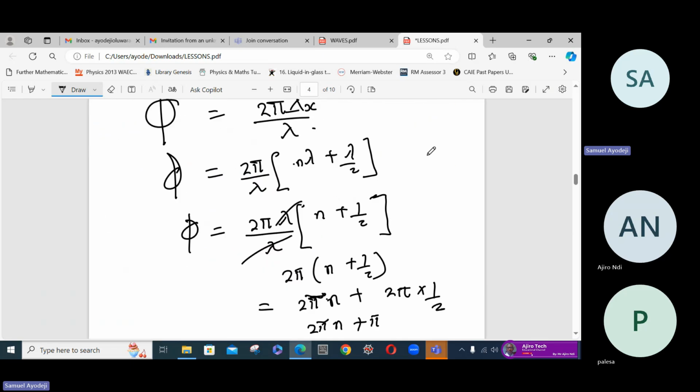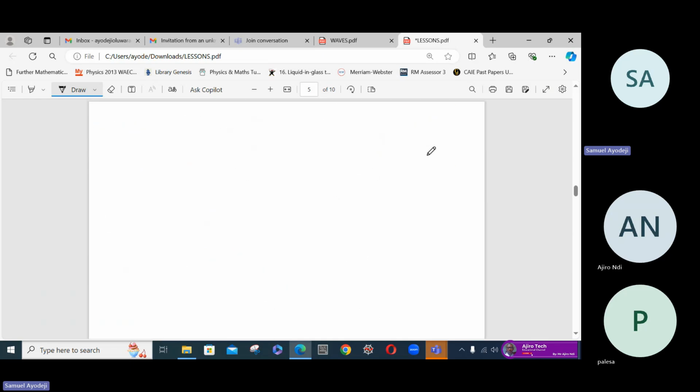Let me explain this. Now I've listed something today under phase difference, which is small t over capital T, multiplied by 360 degrees. How does it work? Let me try to do something here.